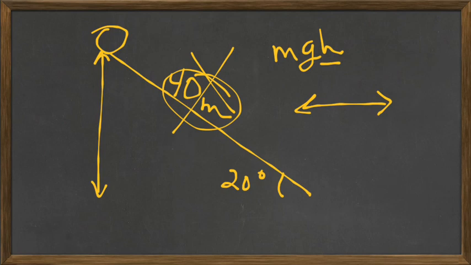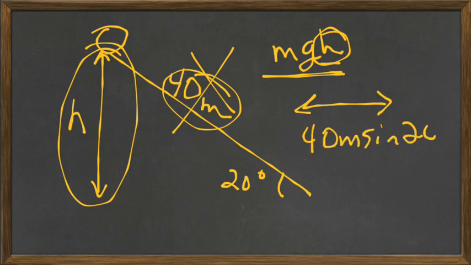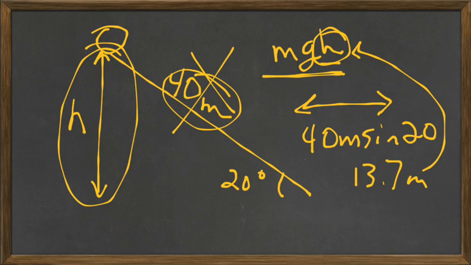In a problem for gravitational potential energy, if you have to solve for something that's on a hill, you've got to solve for that height, because this is the height that goes into your formula. In this case, I would have 40 meters times sine of 20, or 13.7 meters. That is the height. I don't care how long the hill is, none of that matters.